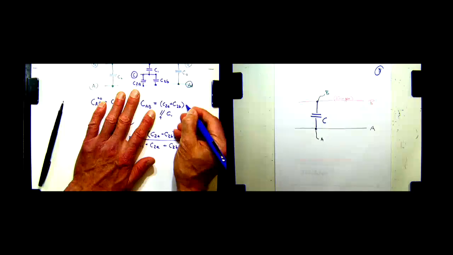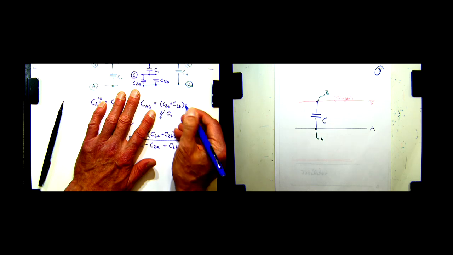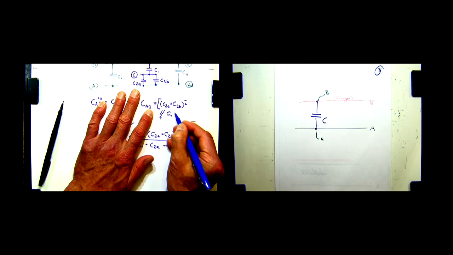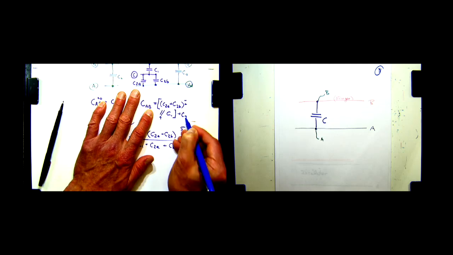Oh, very good. So I made a big error. Plus C0. Yes, C0 we get in any case, and this one also plus C0. Thank you very much. Yes, I made a mistake. I totally forgot about C0.